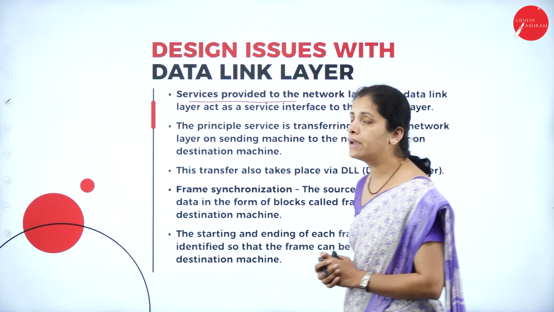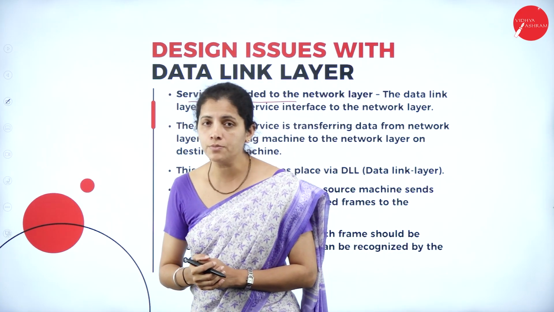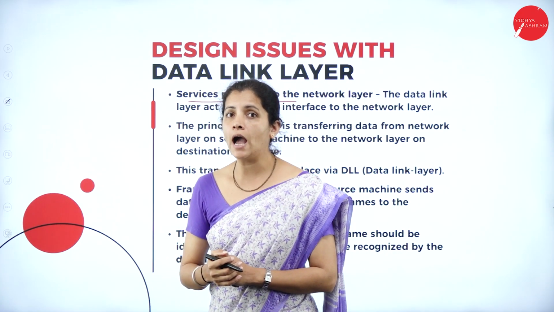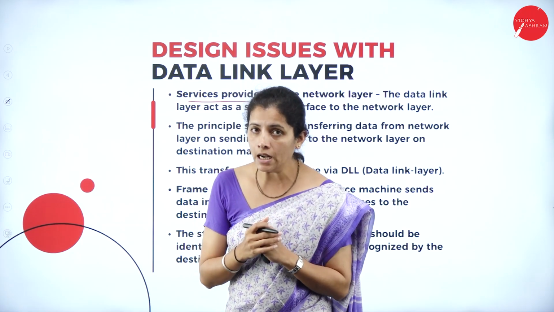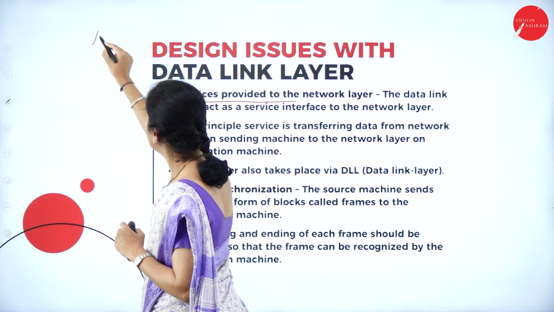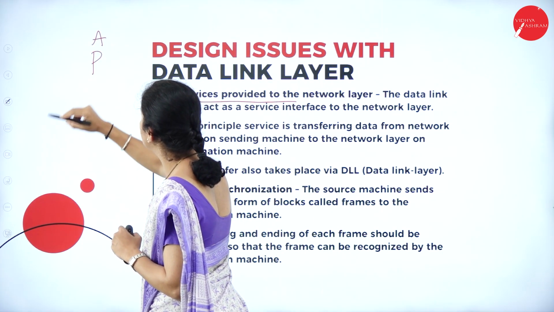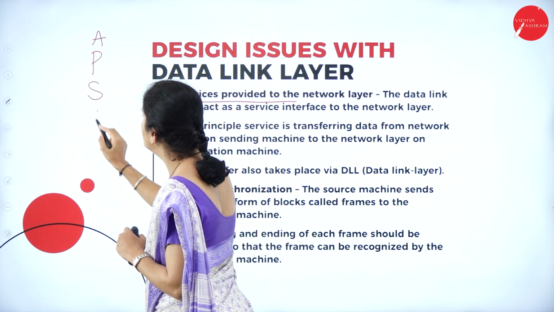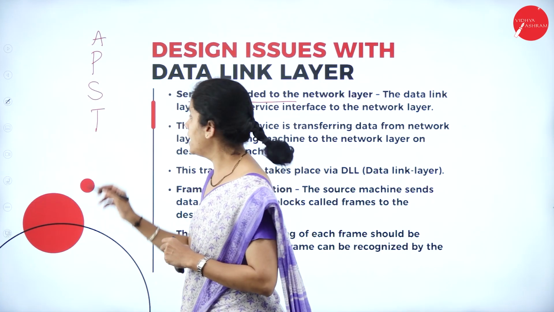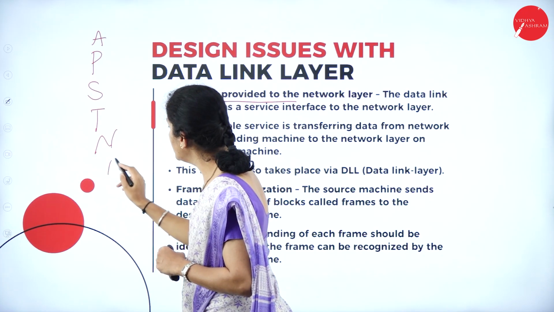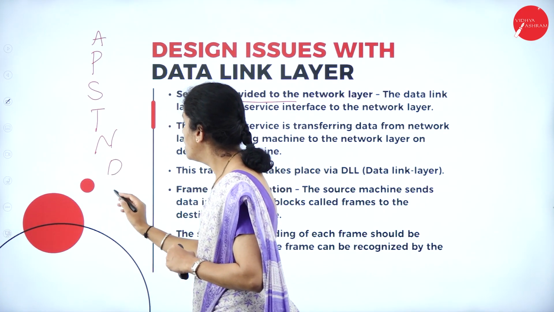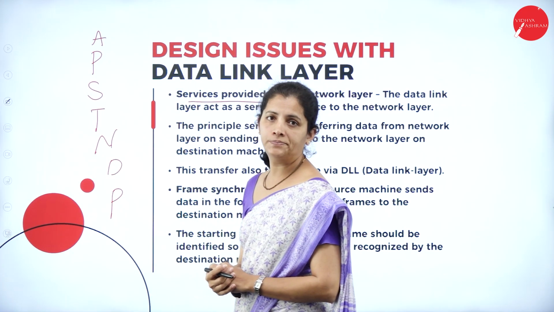So dear student, in the OSI reference model, I'm going to have 7 different layers. That is the application layer, presentation layer, session layer, transportation layer, network layer, data link layer, and physical layer.